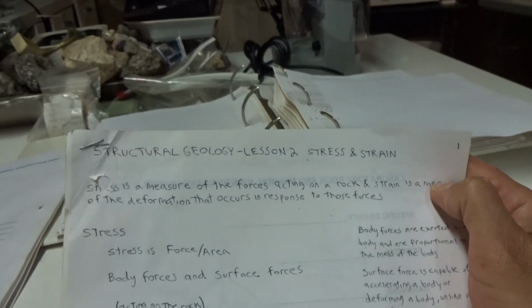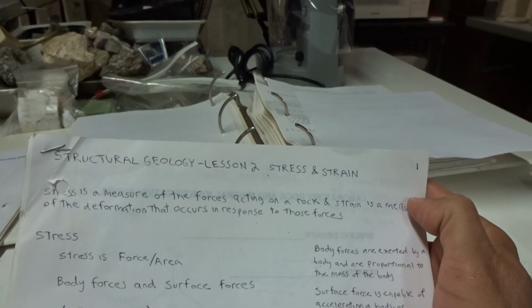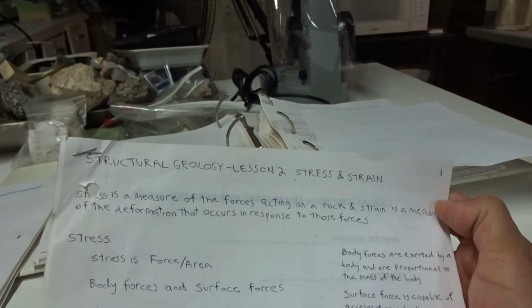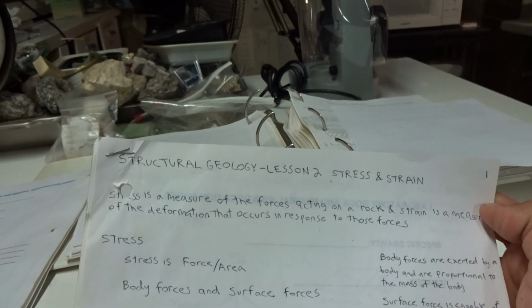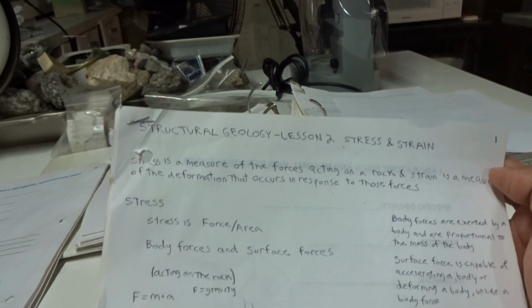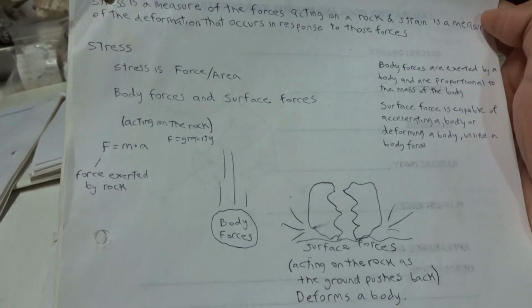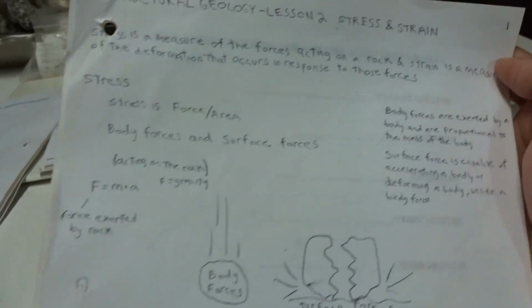Stress and strain. Stress is a measure of the forces acting on a rock, and strain is a measure of the deformation that occurs in response to stress. So we have a body that is falling and hits the ground.